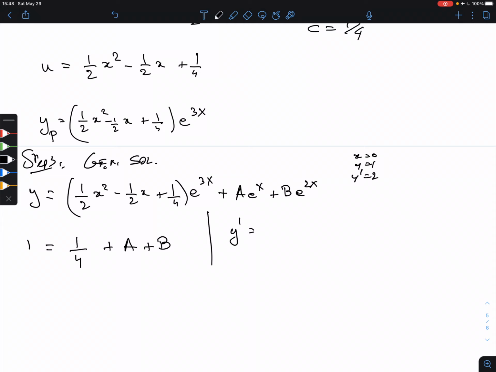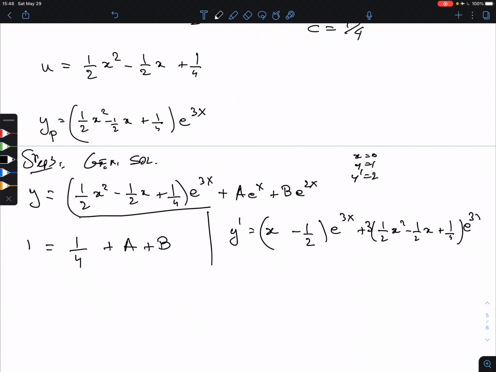That is the derivative of a half x squared, that is actually x, right? 2x squared over 2, minus a half, times e to the 3x. Now, be careful, this is a product, so we have to do the product rule here. So this is the derivative of the first times the second, plus, copy the second, x squared minus a half x plus 1/4, times the derivative 3 times e to the 3x.